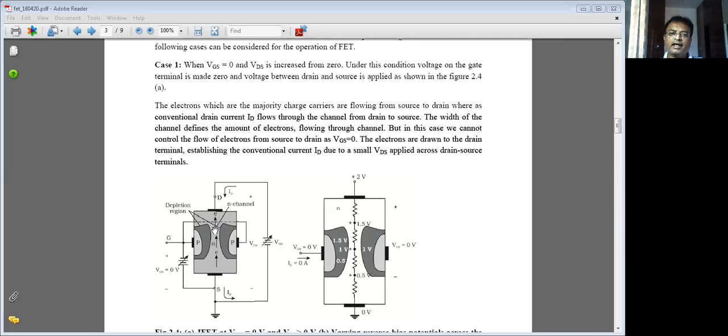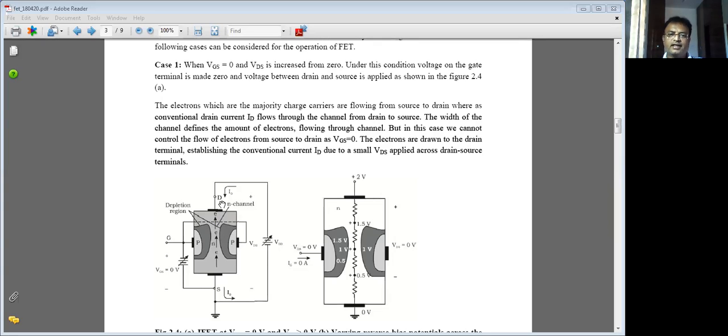What will be the direction of the conventional current? Conventional current direction is always opposite to the flow of electrons. Electrons are moving from source to the drain in an N-channel JFET, but the conventional current always flows in the opposite direction, that is from drain to the source.